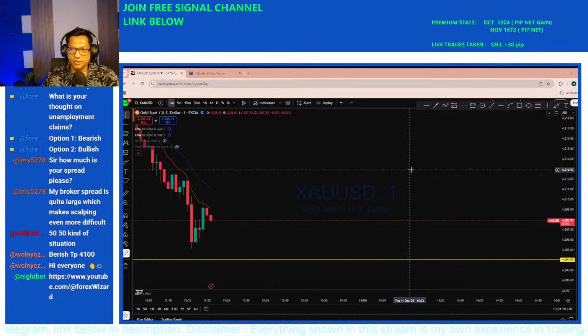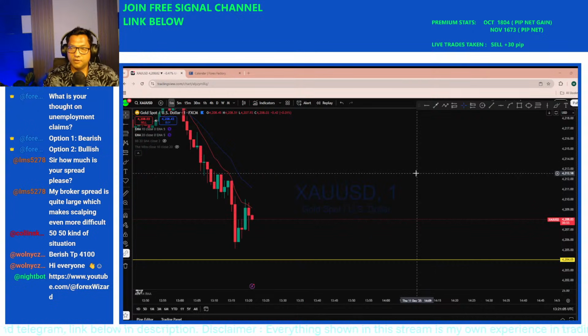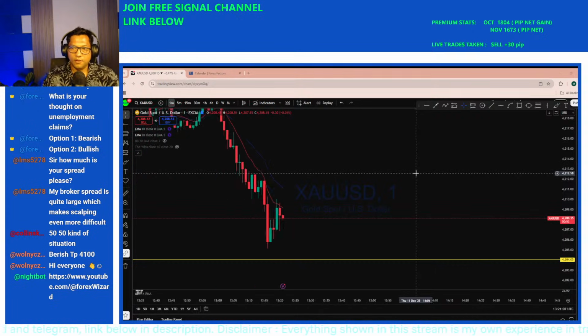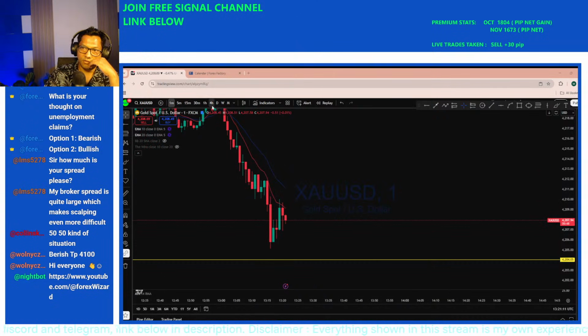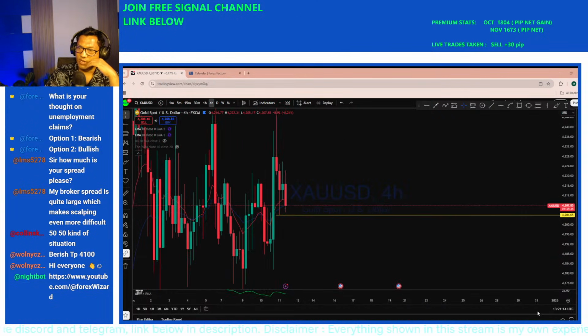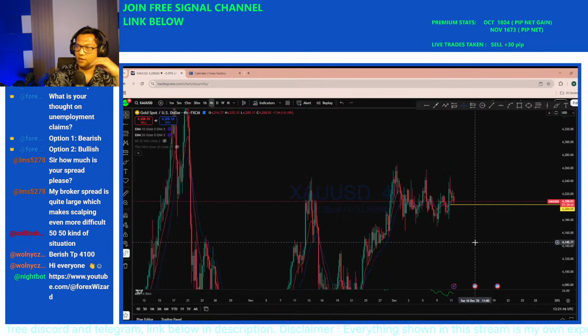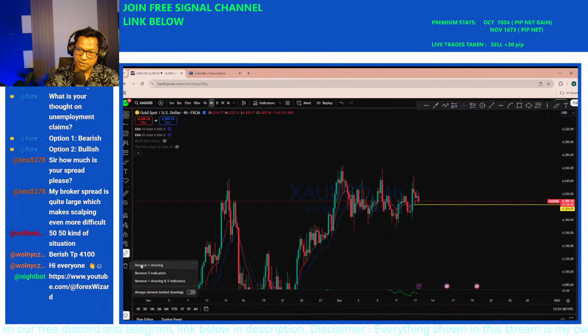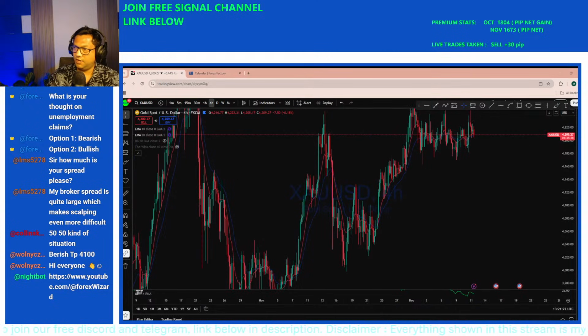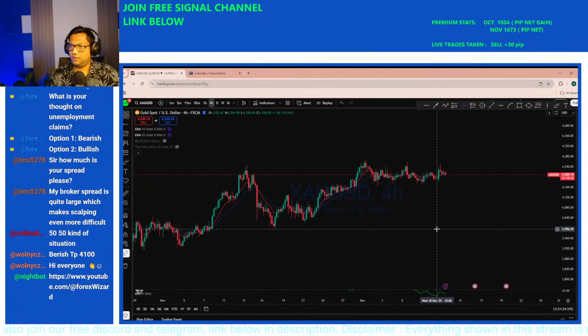Yeah, if you look at it, because the market structure is sideways. If you look at the bigger picture, then the market really becomes very clear. And see how the market trended, right? This is very interesting.